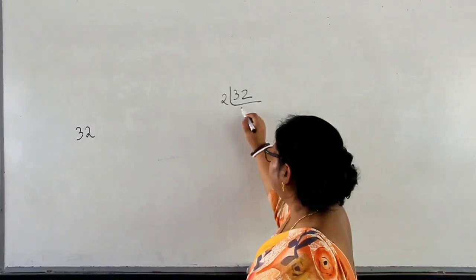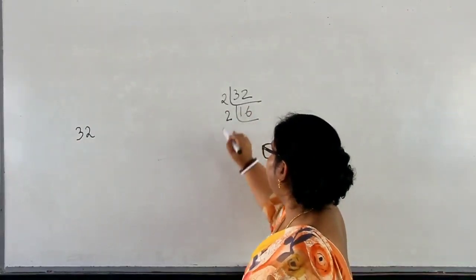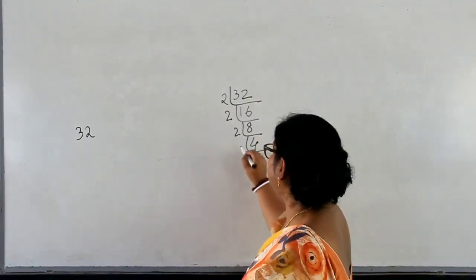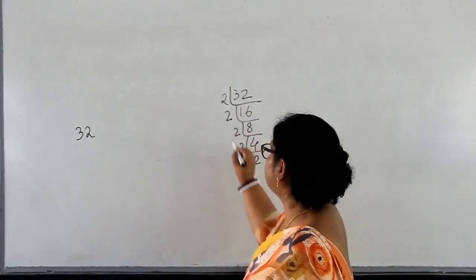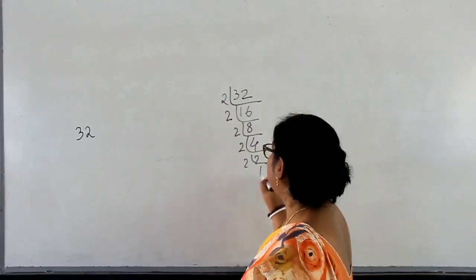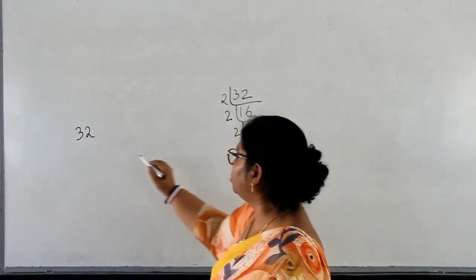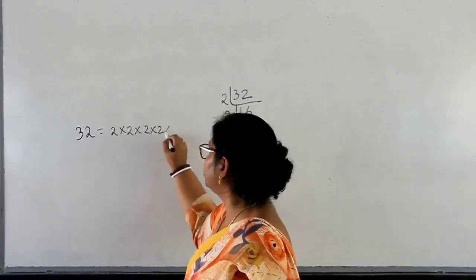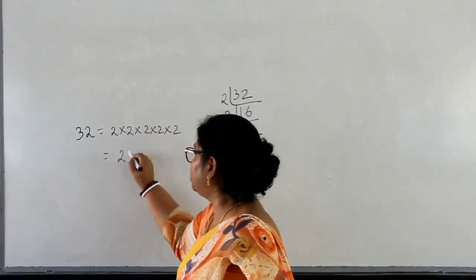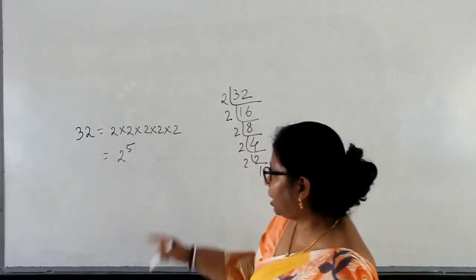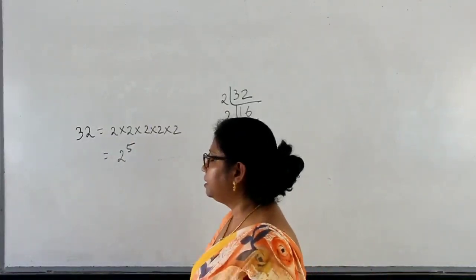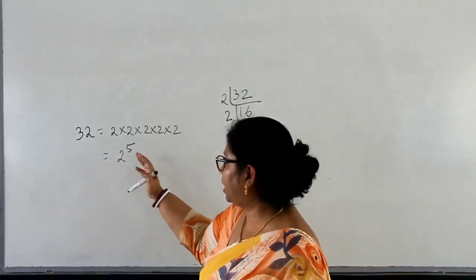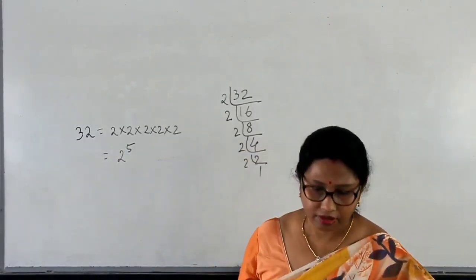So starting with 2, we get the factorization done. We can see that we got 5 twos, that means 2 into 2 into 2 into 2 into 2, which is equal to 2 to the power 5. So 32 is written in exponential method as 2 to the power 5.